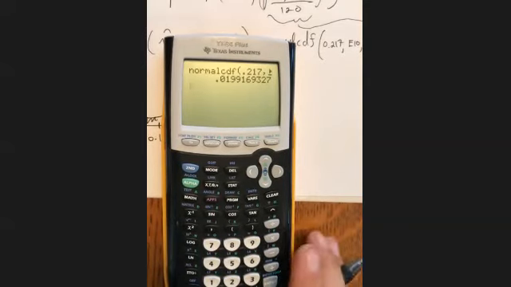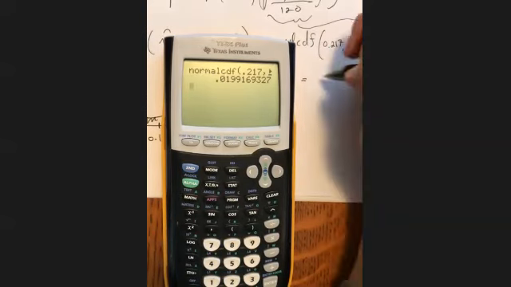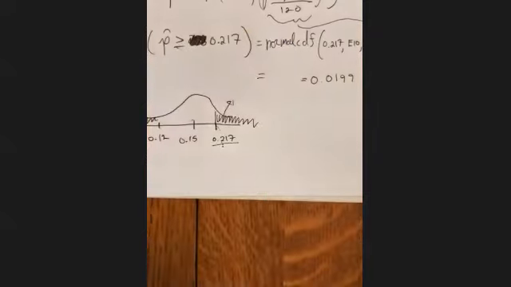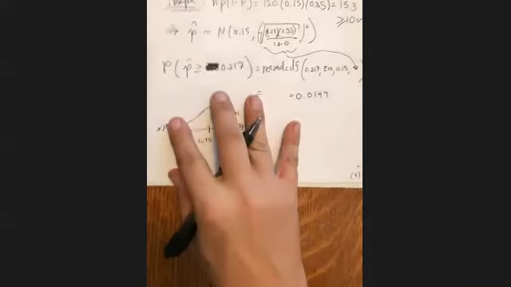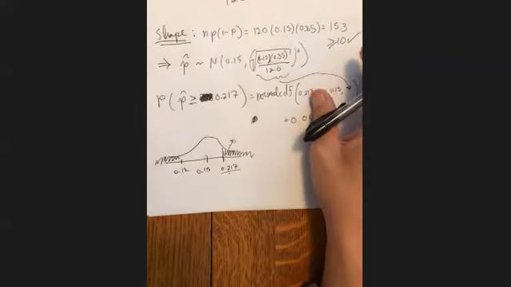Enter. All right, so we do this computation and we find that the probability of having a value greater than or equal to 0.217 is 0.199. Okay. So the question is, is this unusual?